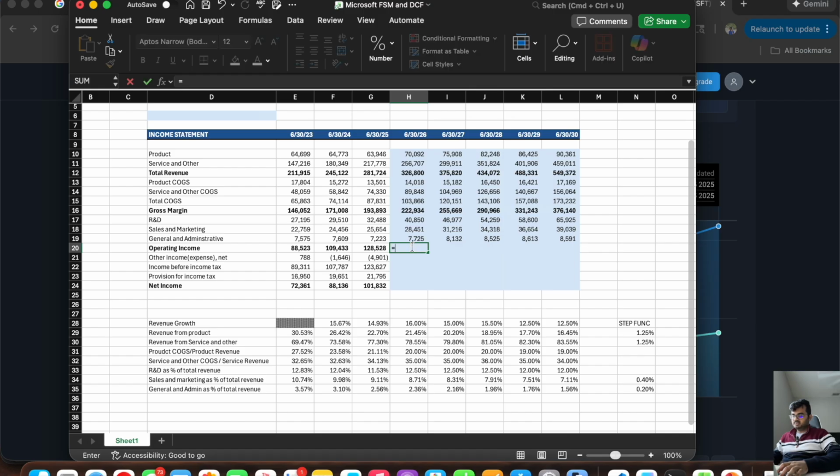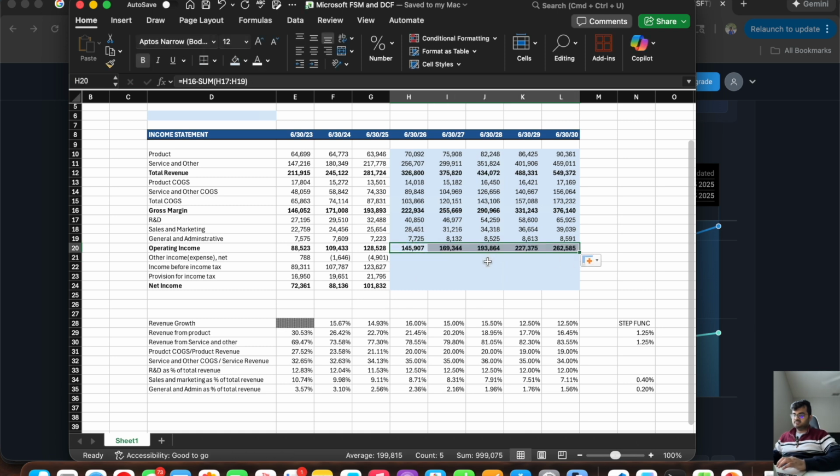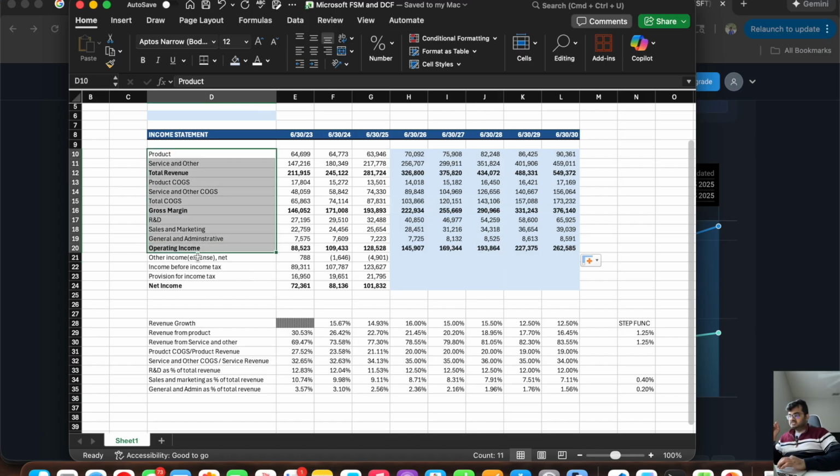So now we can calculate operating income, which is this minus sum of these three guys, and can forecast what is the value here. Now next one is other income or expense. I think till this time everything is an operational income.